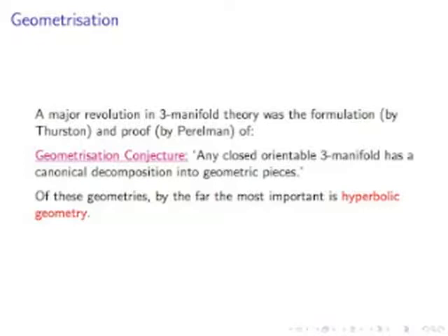Roughly speaking, it says that any closed orientable three-manifold has a canonical decomposition into geometric pieces. There are 8 sorts of geometries that you use, and by far the most important of these is hyperbolic geometry. So an even looser way of phrasing the geometrisation conjecture is that almost every three-manifold is hyperbolic.